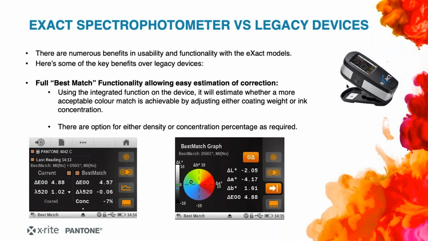Is it simply that the color is too dark or too light to the standard? Or do we have some sort of underlying color issue with either substrate or ink mix? The best match procedure will give you an estimation of, if one of these was to be adjusted, what is the likely difference in color that I could expect? Very popular function. It saves a lot of press time. Again, we'll be covering this in a little bit more detail later.